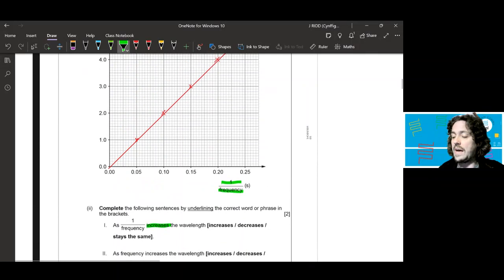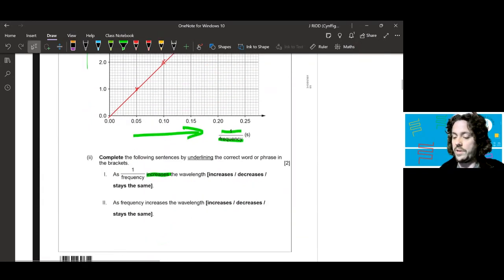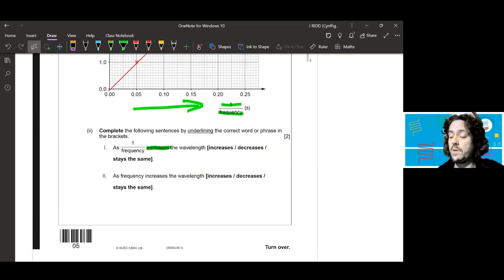Well, we can see from our graph that as 1 over frequency increases in this direction, quite clearly, wavelength also increases. We've got a positive correlation, a directly proportional relationship right there. So we can say that as 1 over frequency increases, the wavelength increases, by just checking off our graph.